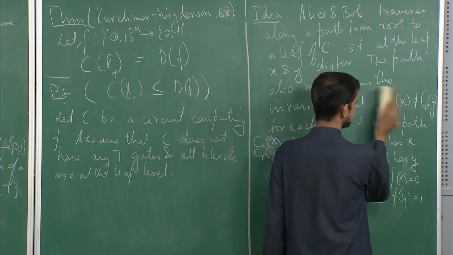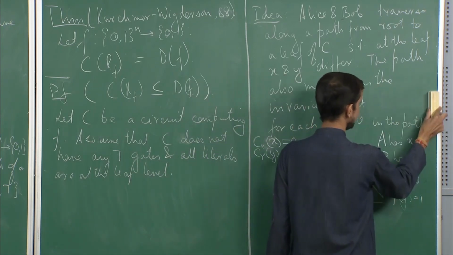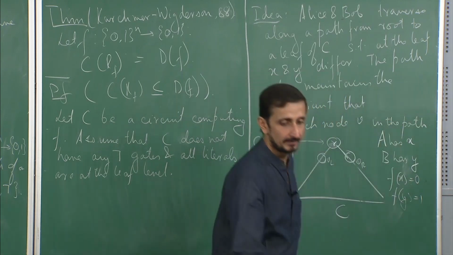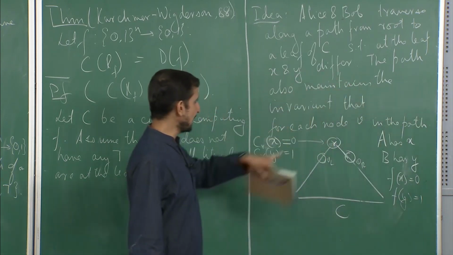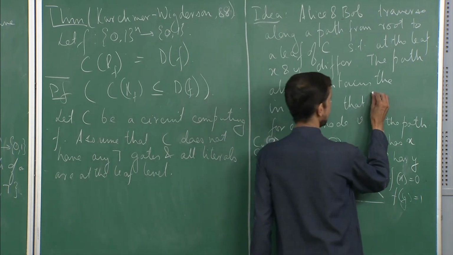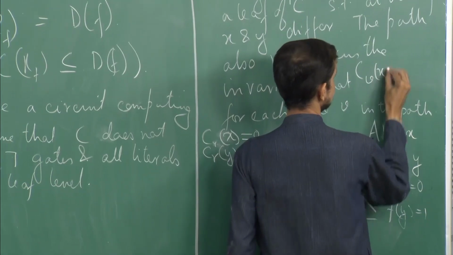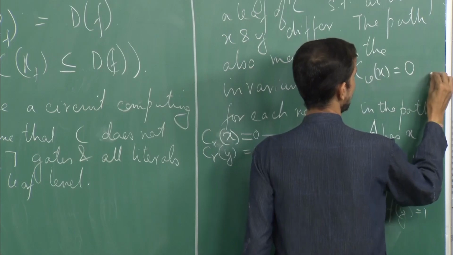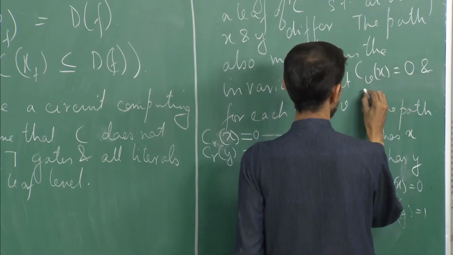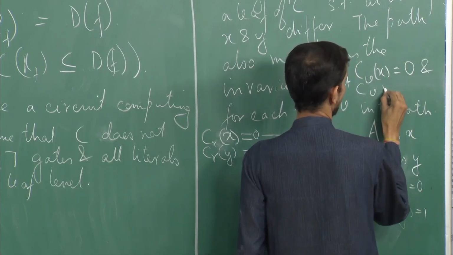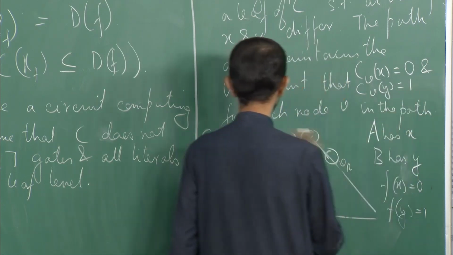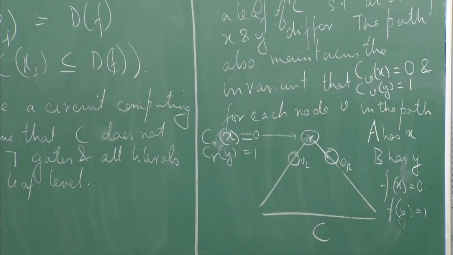Not just that CV of X is not equal to CV of Y, but that at every node V of the path, CV of X is equal to 0 and CV of Y is equal to 1. That is true at the root, and then we'll show it is true at every intermediate node as well.